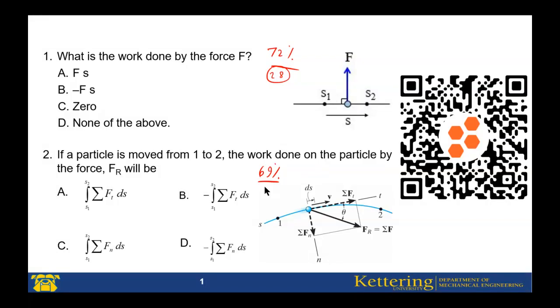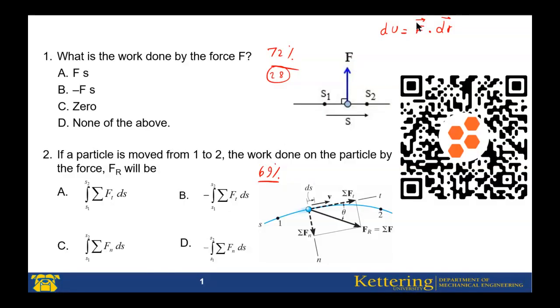I explained that we can write the differential amount of the work, if a force is applied to the particle, using this equation, F dot dr. This is how we can find the differential amount of the work using the force F moving dr.